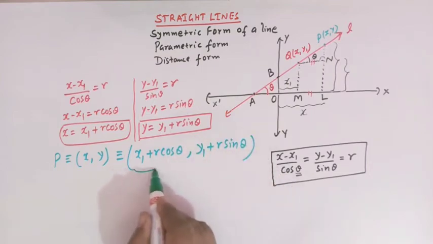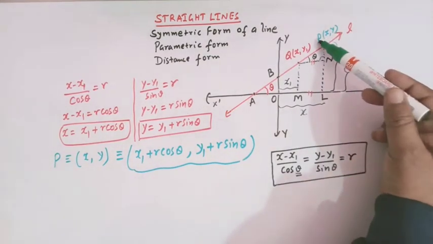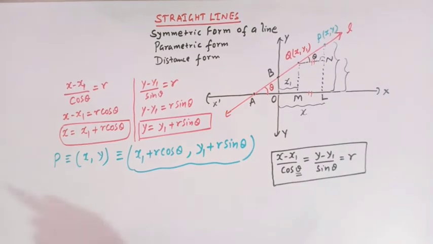So this represents the coordinates of this point P, which is a general point on this line L.